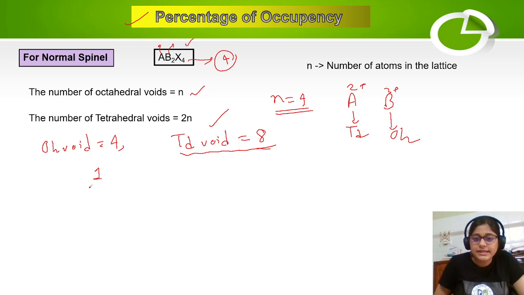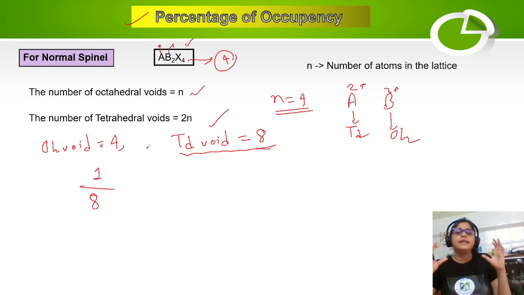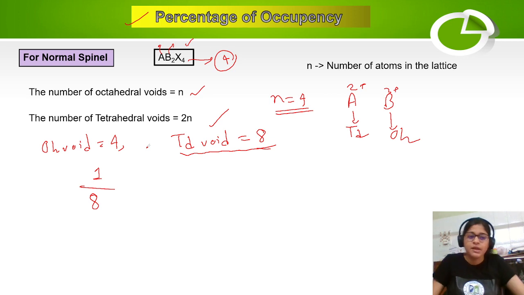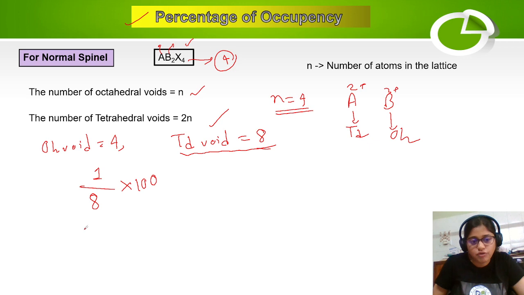So the occupancy is 1 by 8, right? Because 1 is the number of ions there, and it can sit in 8 places. So the occupancy for each tetrahedral void will be 1 by 8, right? And if we calculate in percentage, it will be multiplied by 100, which will be equal to 12.5%.